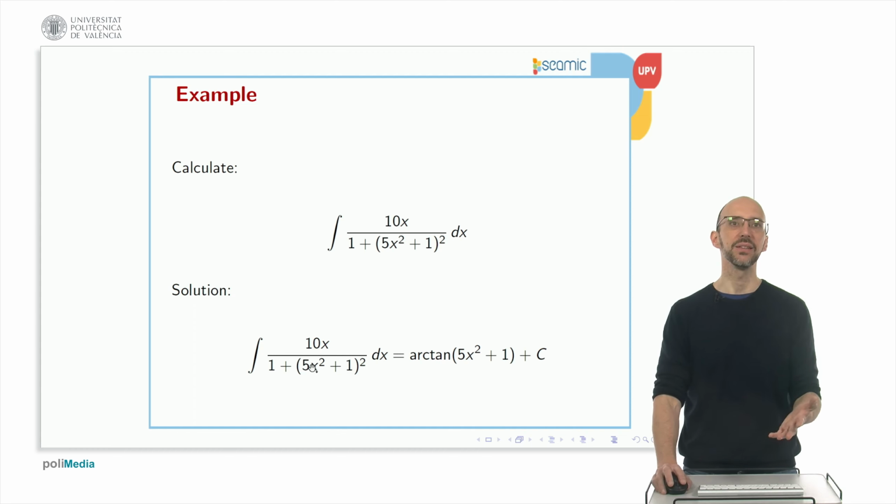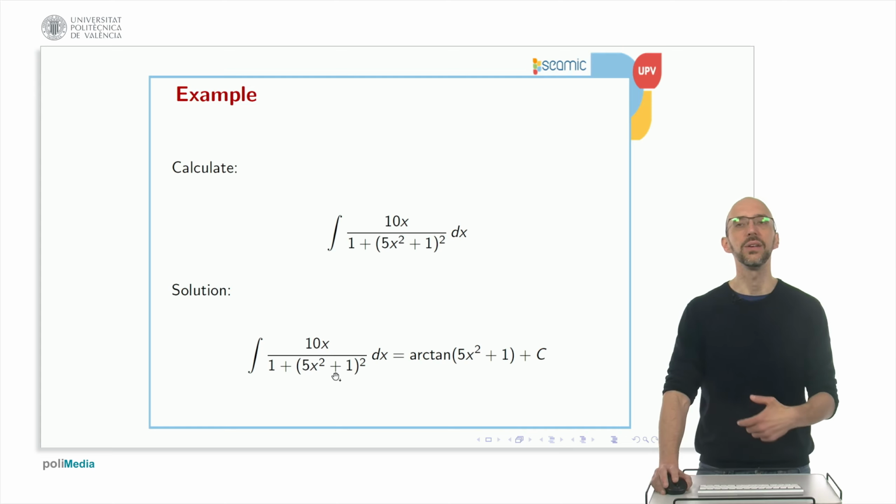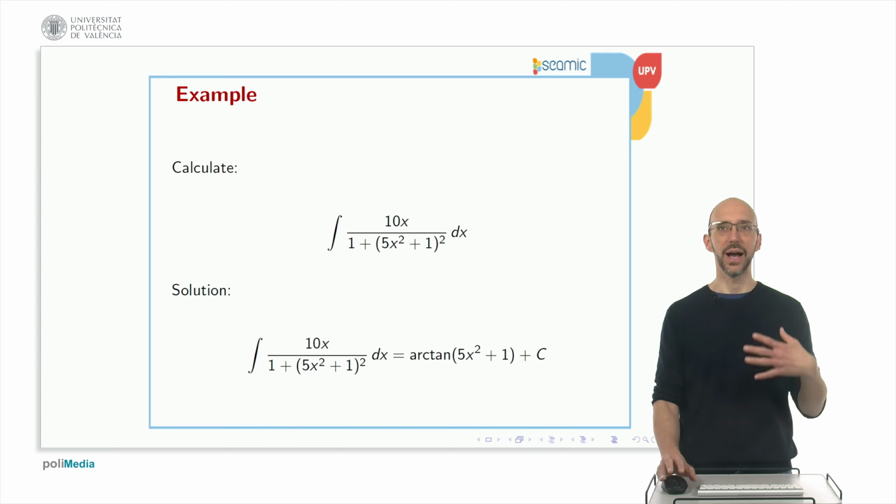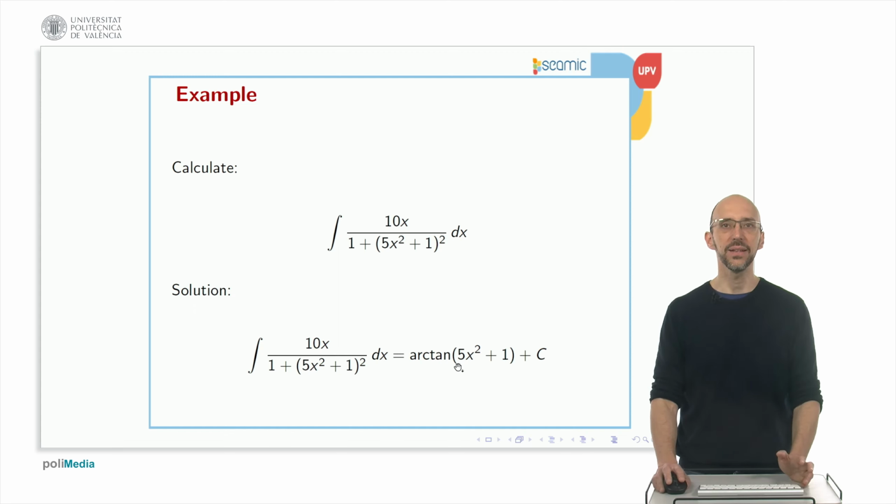The question is, is the derivative of 5x squared plus 1 in the numerator? The answer is yes, of course. The derivative of 5x squared is 10 times x. Oh, perfect. So I don't even need to rearrange anything or add any number. I got the derivative perfectly on the numerator. So this is the arctangent of 5x squared plus 1, the function between parentheses. Don't put the square here, okay? This is just for the formula.